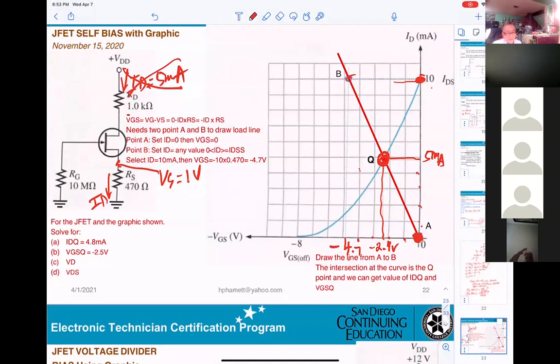And basically, this is the equation for the ID equal to IDSS times 1 minus VGS over VGS off, squared. Okay, transfer function, but it's transconductance because it's output current over input voltage, right? Right. Okay, got it. Thank you.